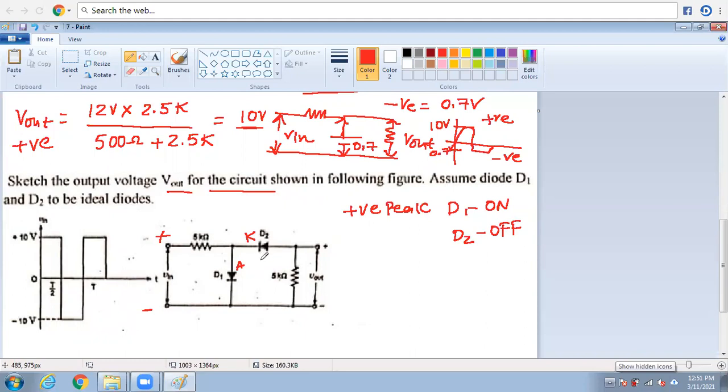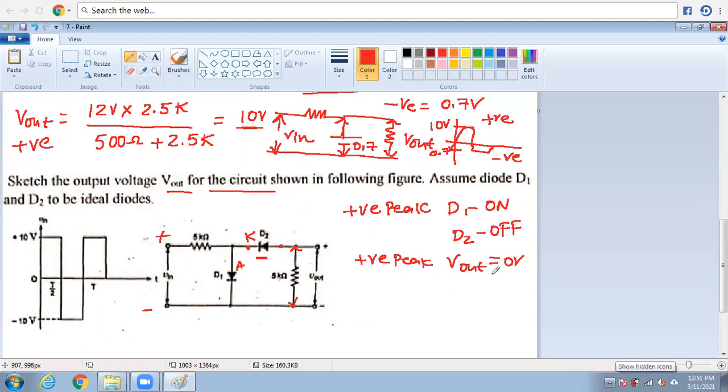This is an open circuit, meaning there is no current flow here. If you apply the positive peak, V out equals 0 volts.